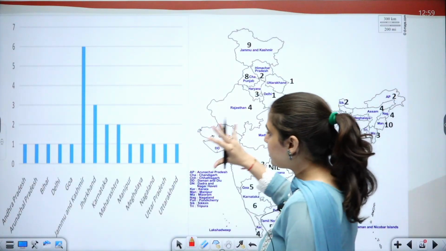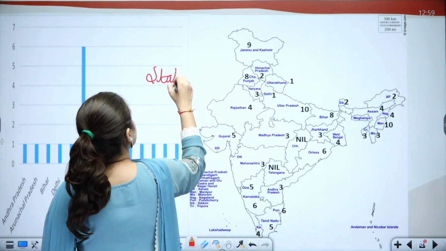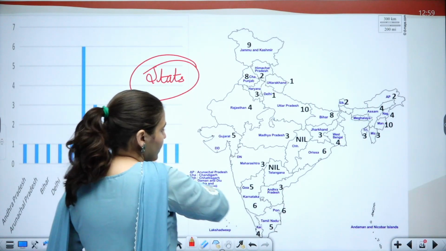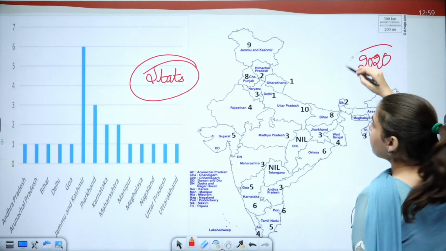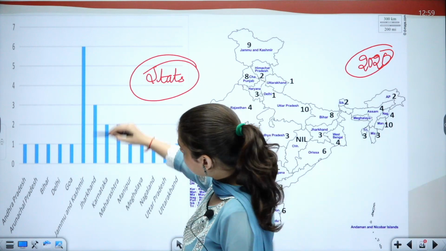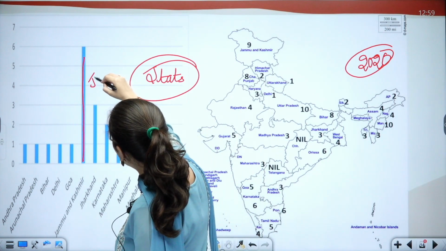Now this is the stat of how many times President's rule has been imposed in India. You can take a screenshot of it. This data is up to 2020. If we see this graph, the maximum number of times it has been imposed is in Jammu and Kashmir.